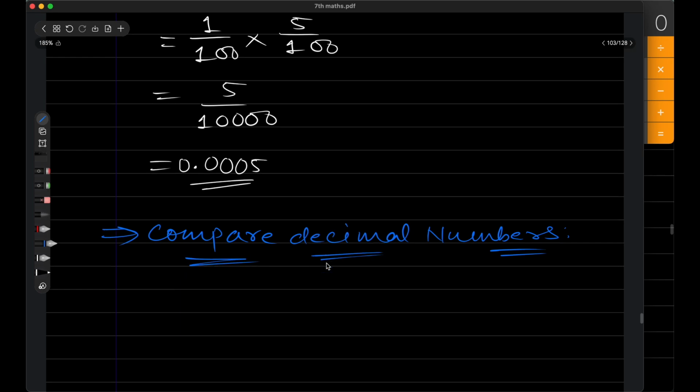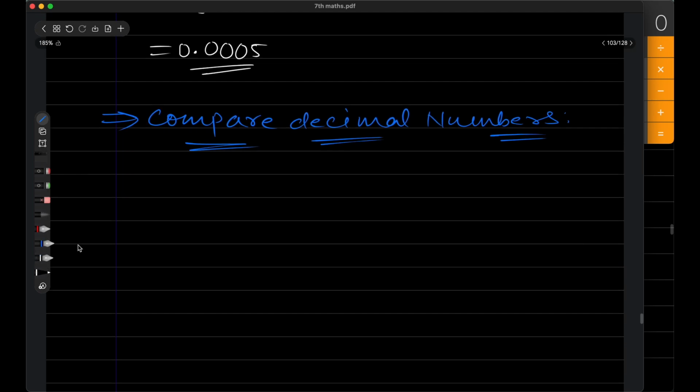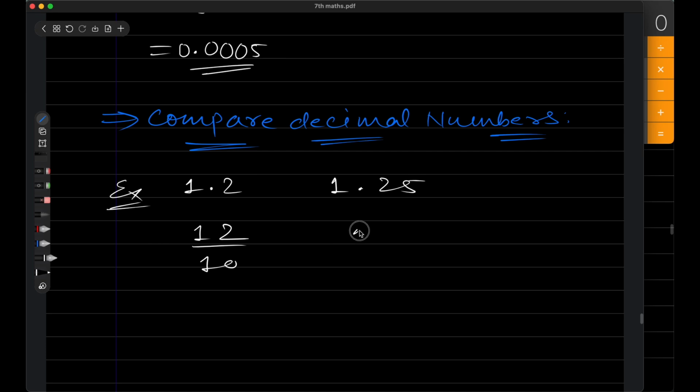Now if we want to compare decimal numbers, comparison of decimal numbers. If you want to compare 1.2 and 1.25, convert the decimals to fractions, that is 12 divided by 10 and 125 divided by 100. Now make the denominators the same; the smaller denominator is multiplied by a power of 10.